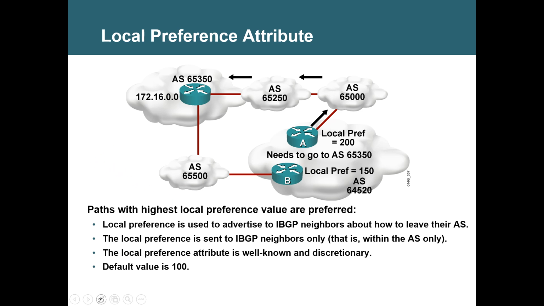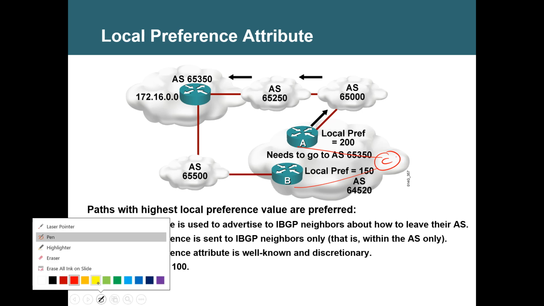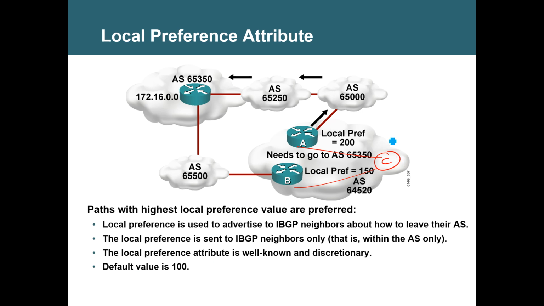So suppose I have a router here called C. It will definitely take this path. It will take this path only when the route is not found.